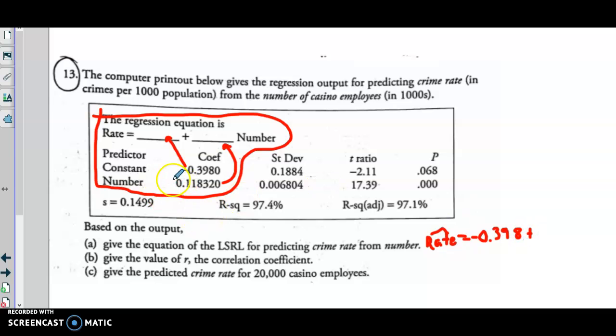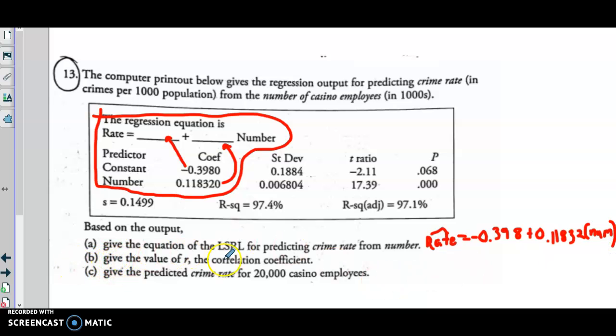A common mistake is you'll put a plus even if it was negative, but plus because that's positive, 0.11832 X, or here it's number. When I run out of space, I'll just put num for number. So there's my regression equation.